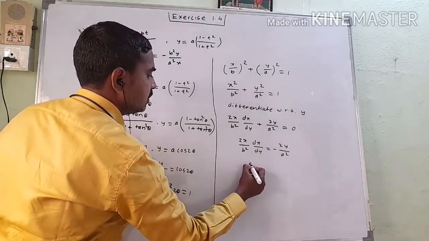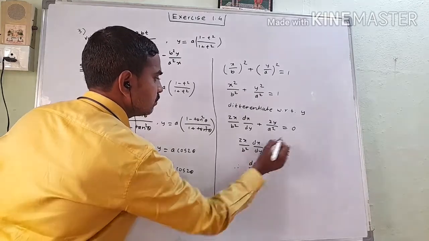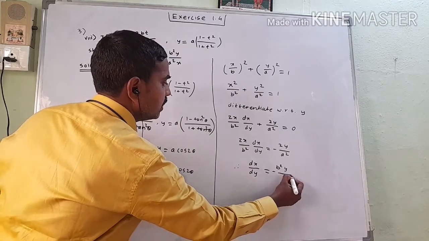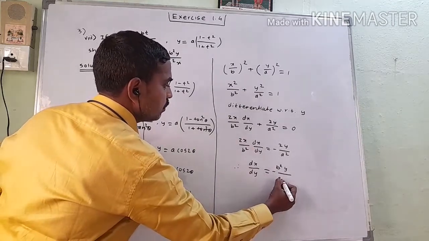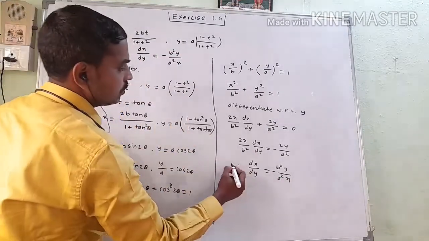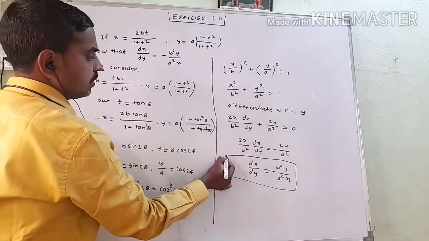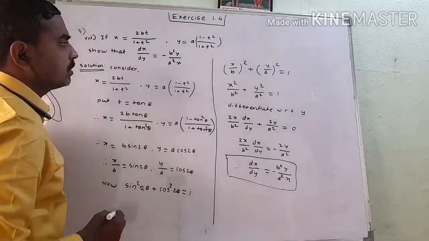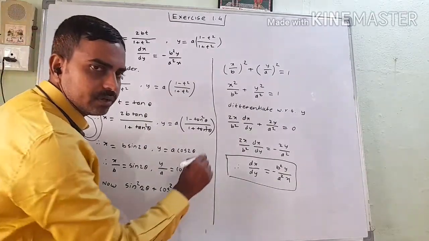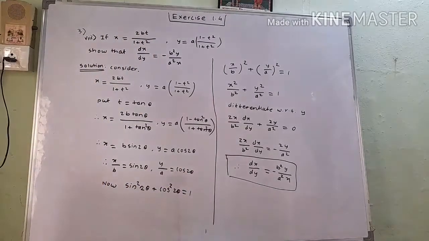The 2 gets cancelled, and dx by dy equal to minus b square y divided by a square x. This result we wanted to prove. This is a very important example, because here the derivative term is changed. Instead of dy by dx, we have obtained the derivative of x with respect to y. This is the solution of the 8th example.